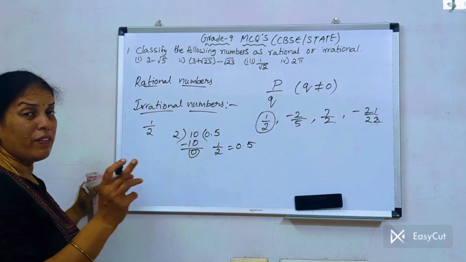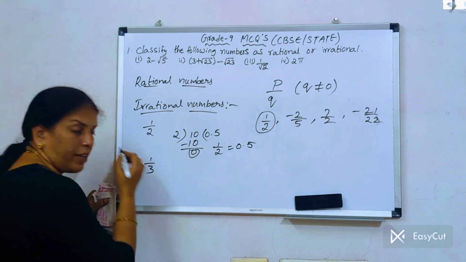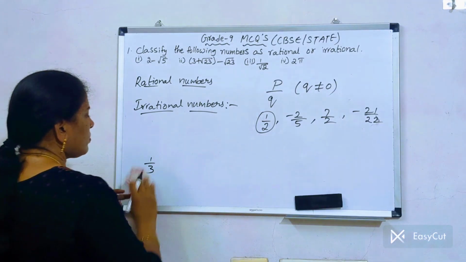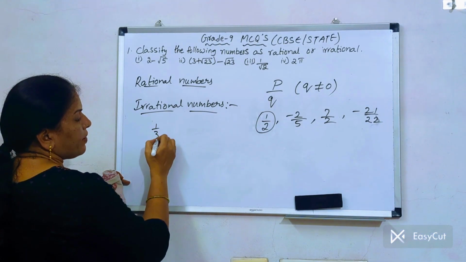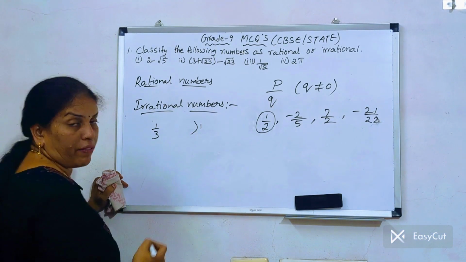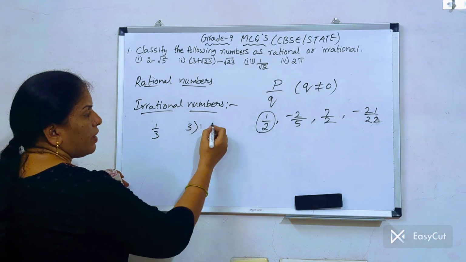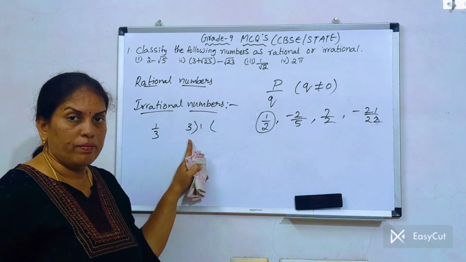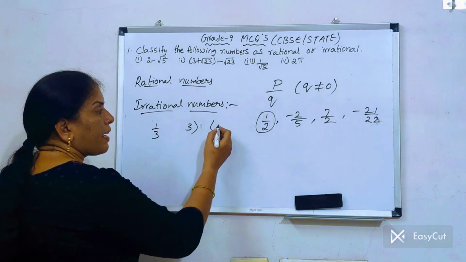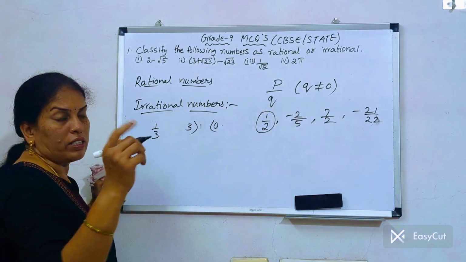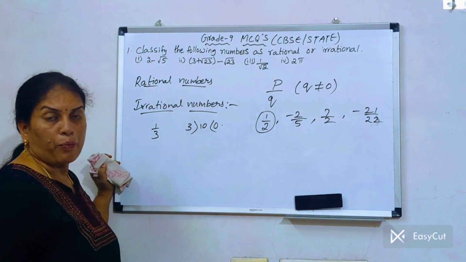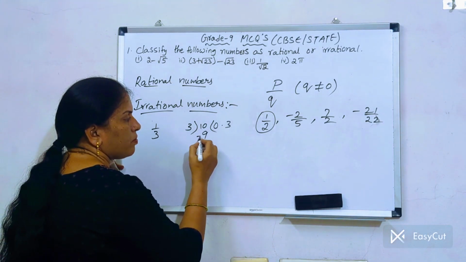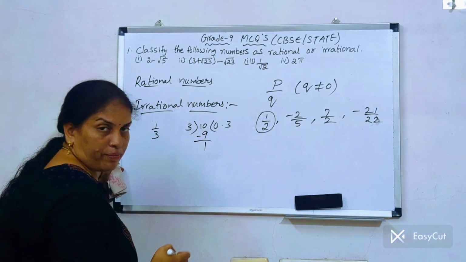We will discuss 1 by 3. Numerator is the dividend, denominator is the divisor. 1 is less than 3, so it won't divide. Put a 0, a decimal point, and take 10. 3 threes are 9. 10 minus 9 is 1.